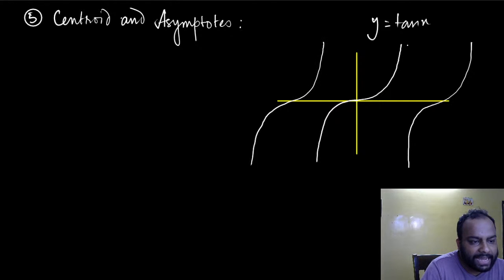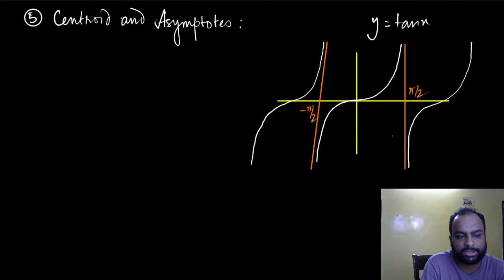At x equal to pi by 2, and in fact any odd multiple of pi by 2, this curve goes to infinity, also at minus pi by 2.